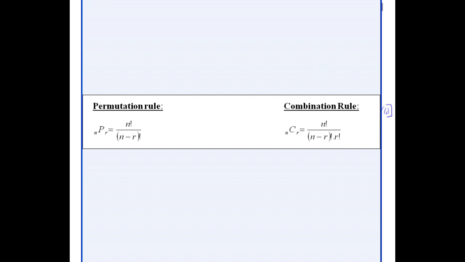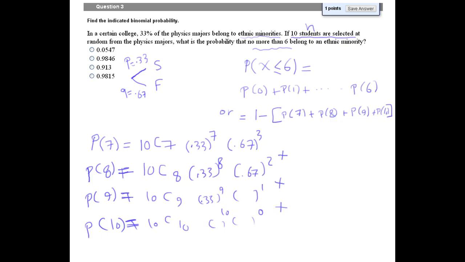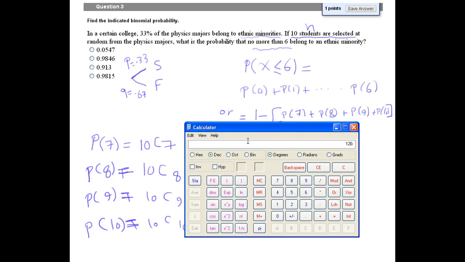So let's use this rule with the calculator that you have in Windows. Here n is 10, so that's 10 factorial divided by factorial 7, divided also by 3 factorial. So that would be equal to 120.